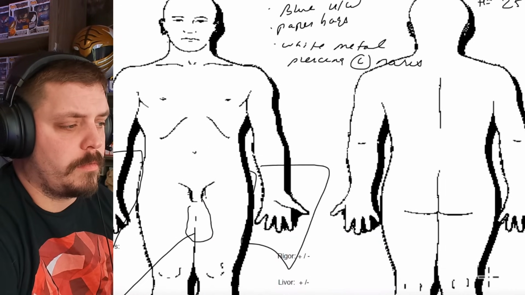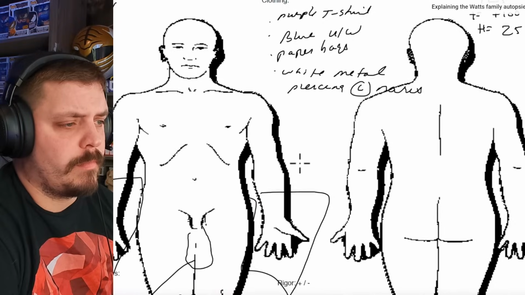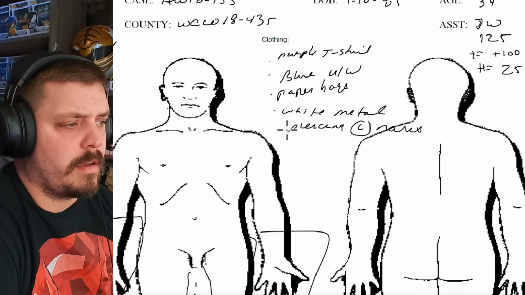Since I made the video on Shanann's autopsy, I have seen some creators talking about the autopsies, and I just want to make one point. They've questioned why, in Shanann's autopsy, her hands are circled in the diagram that is done at the time of the autopsy.